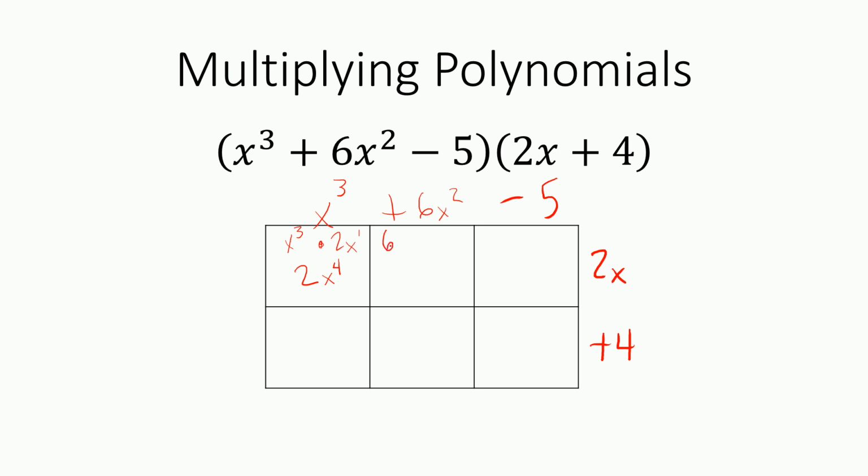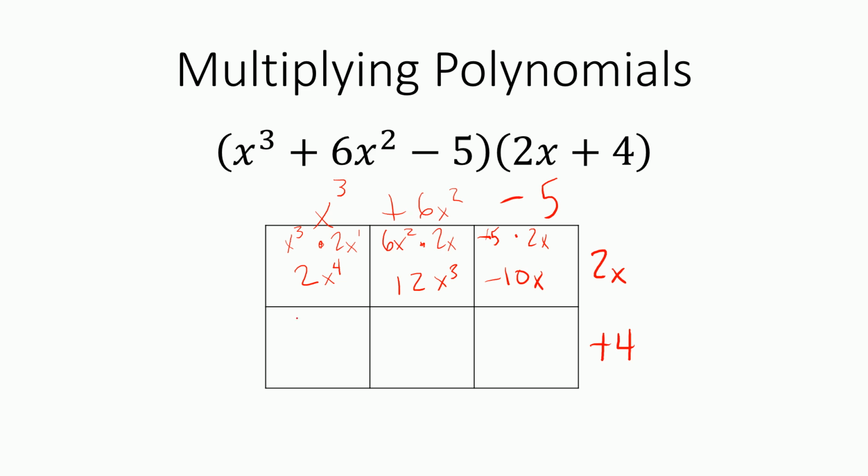Same thing here, we get 6x squared times 2x. 6 times 2 is 12, and then it's x to the 3rd. And then we have negative 5 times 2x, which is negative 10x.